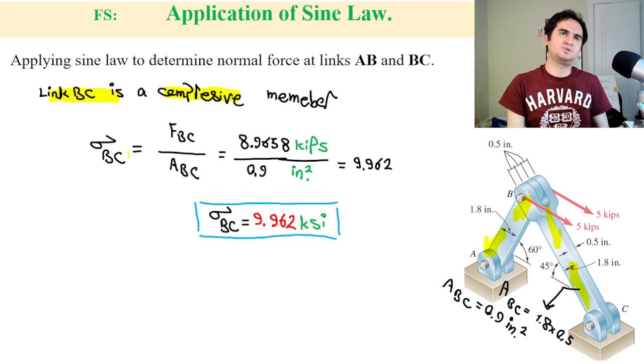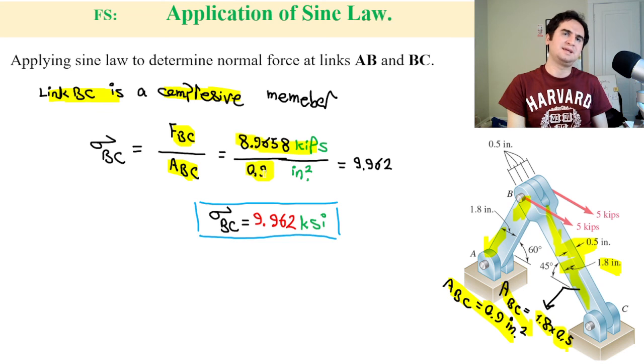As soon as you know link BC is compressive, you do not need to go by net cross-sectional area, so there is no need for that. Just go by the ABC, which is 8.5 times the thickness of the link, which is 0.5, and it gives you ABC is 0.9 inches squared. We already know FBC is 8.9658 kilopounds.